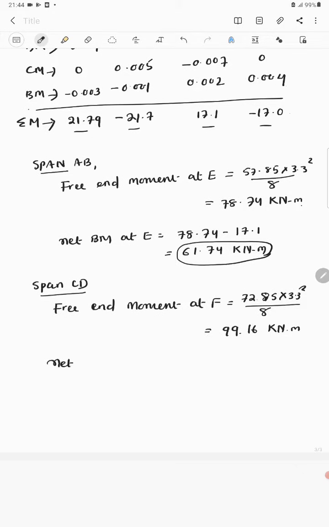And what is the net bending moment at F? This is equal to 99.16 minus fixed end moment. We have calculated 21.7. So this is equal to 77.37 kilonewton meter.